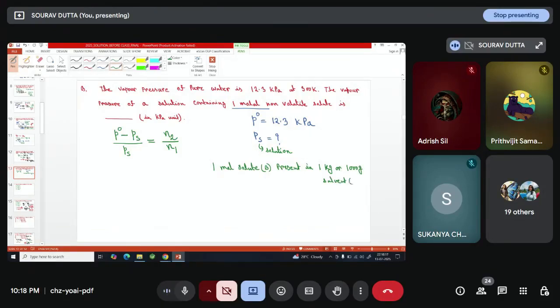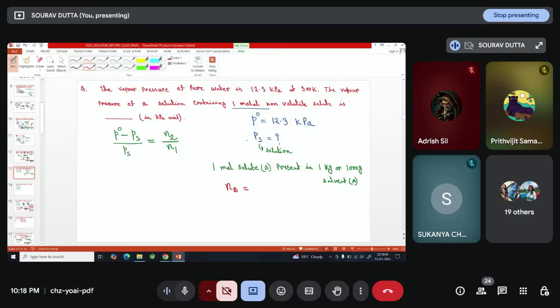There is nothing but a definition of molality, that I have already discussed in my lecture 1, molality and normality. Both are very important. So from here we can directly write the mole number of B, that is basically 1 mole.